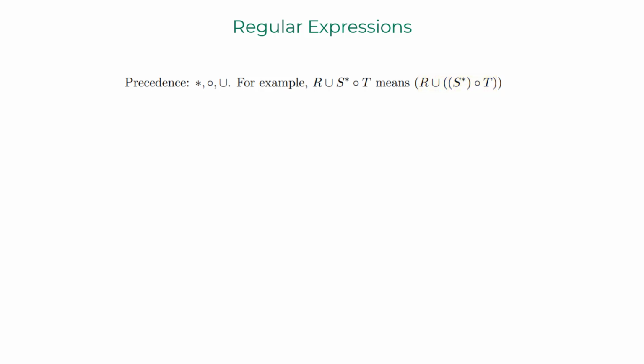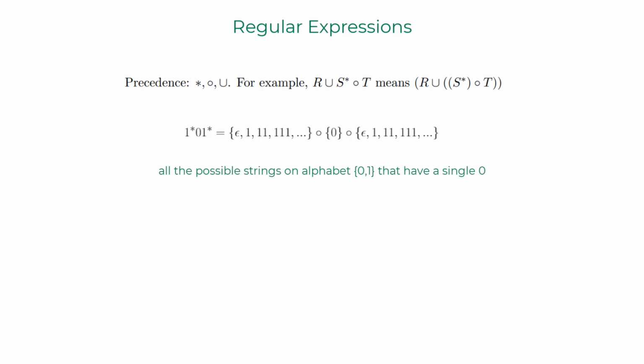I'm going to solidify your understanding of this by showing a couple of examples. In this regular expression, the star operator has the highest precedence, so we expand both the 1 stars and then evaluate from left to right. Clearly, this language has all the possible strings on the alphabet that have a single 0 in them.